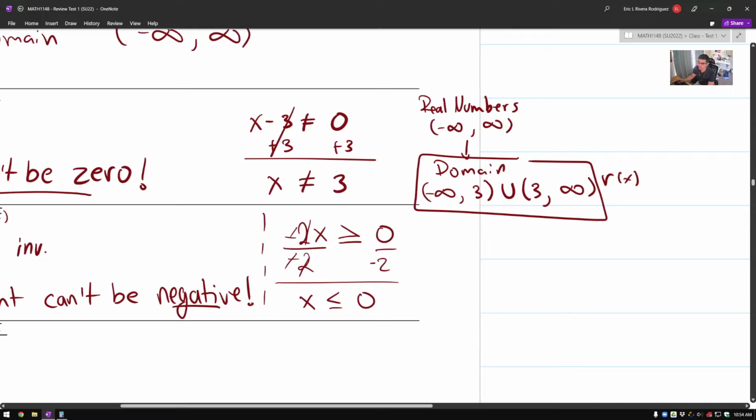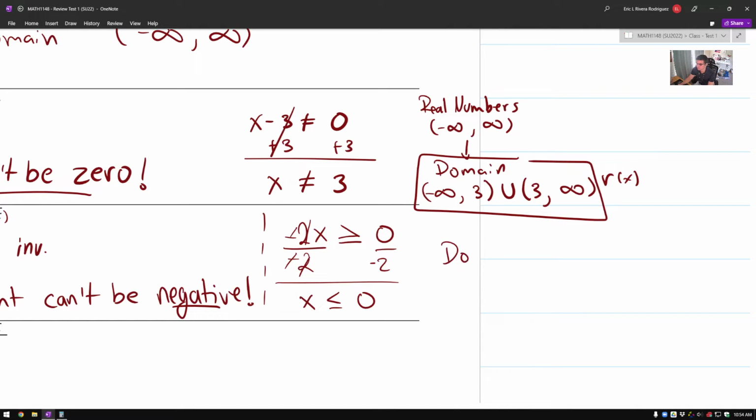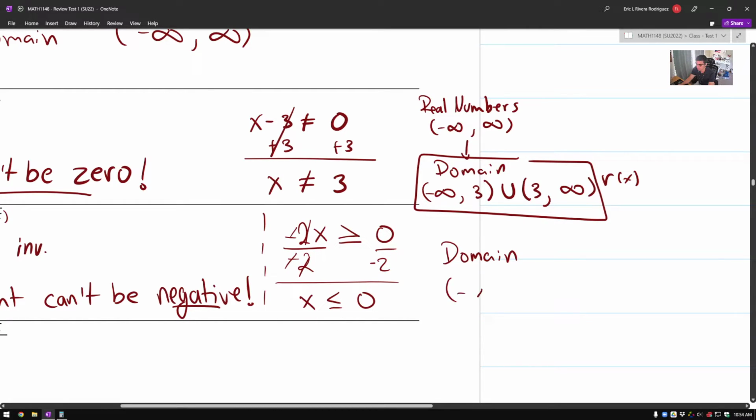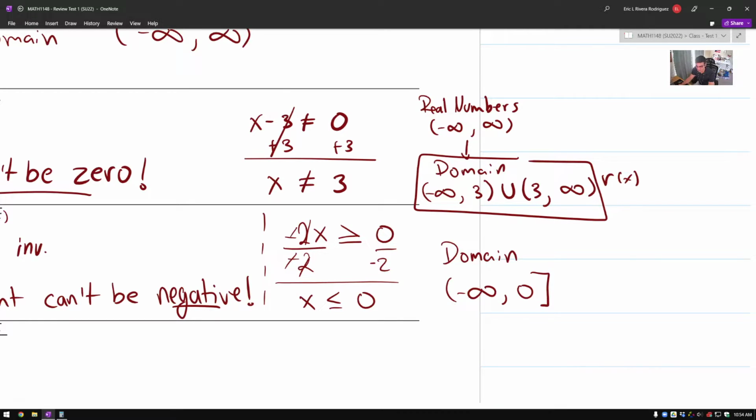So the domain here is going to be, we are going to translate this into an interval. This is from -infinity to 0, and we are going to use a square bracket because we have an equal sign here. This includes 0.